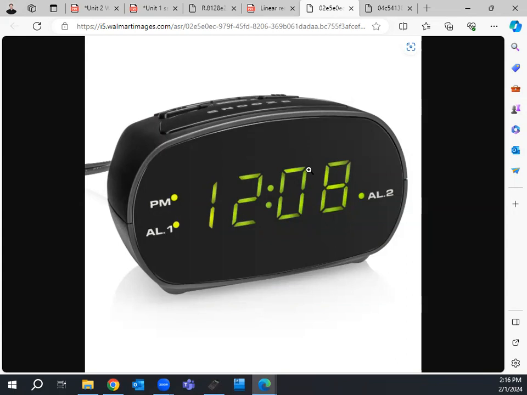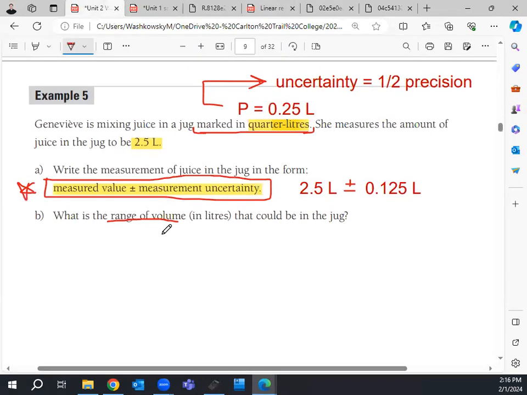There's a range that this could be. We know time still passes on. So if I'm looking at this juice here, what's my range? How much juice is in this jug? Well, there's anywhere from 2.5 liters plus or minus this. So how do I figure this out? I'm literally going to plus or minus this. So what we're going to do is add and subtract that uncertainty.